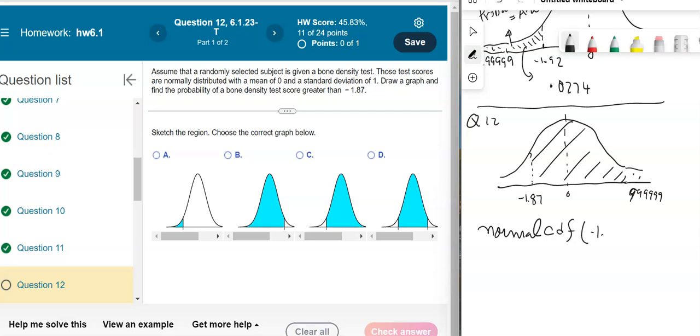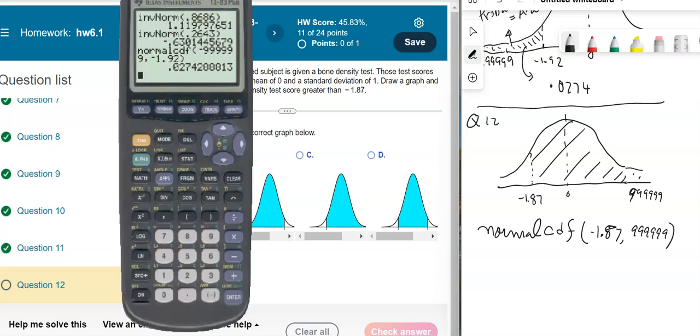Small one is negative 1.87, large one is 999,999. That's all you need. Second bars, normal CDF, negative 1.87, comma 999,999.